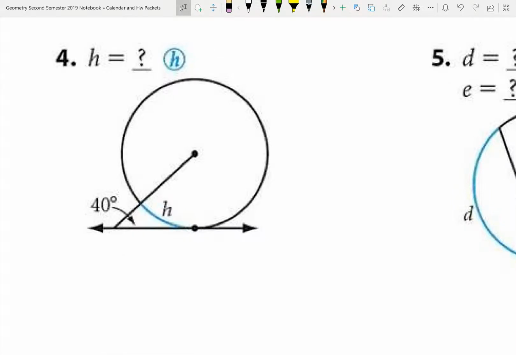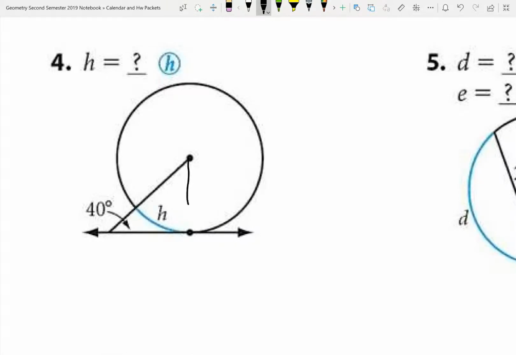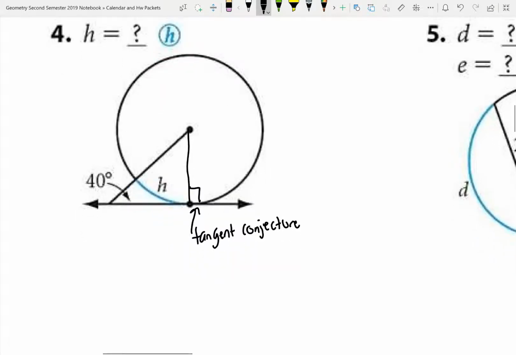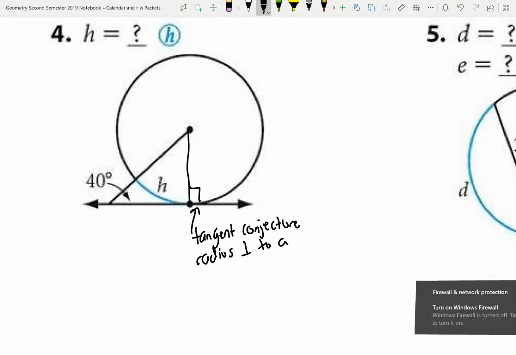In number 4, we have arc H. That's 40 degrees. We draw a right triangle, we draw a radii. This is going to be perpendicular because of the tangent conjecture, that a radii and a tangent are perpendicular to each other, conjecture 74. So a radius is perpendicular to a tangent line.